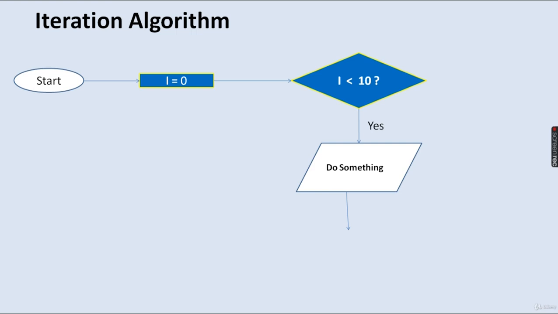To increment the counter, I can simply type I equals I plus 1 and then go back and check. For the second time it's going to be 2, and then enter the condition, still less than 10, do the block of code, increment, and so on until it reaches 10.